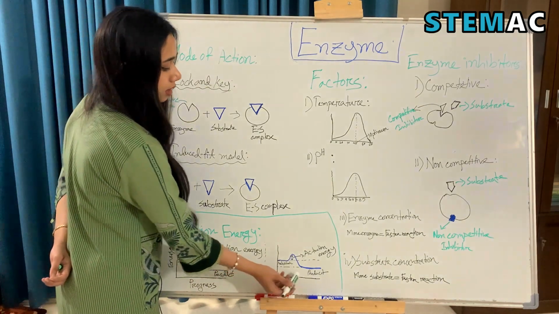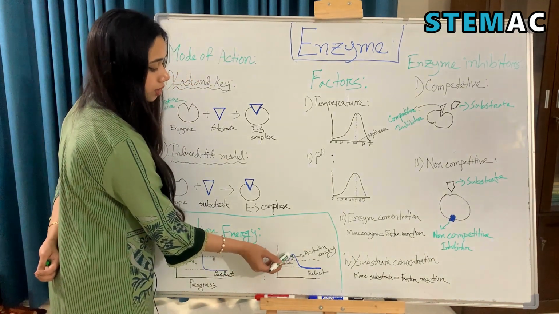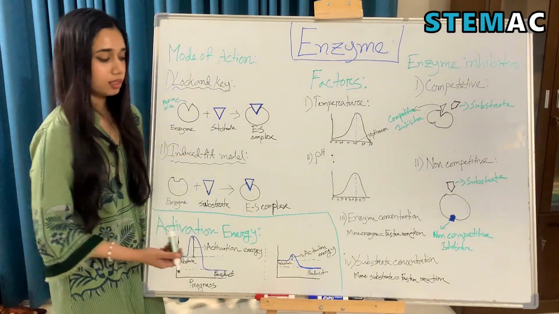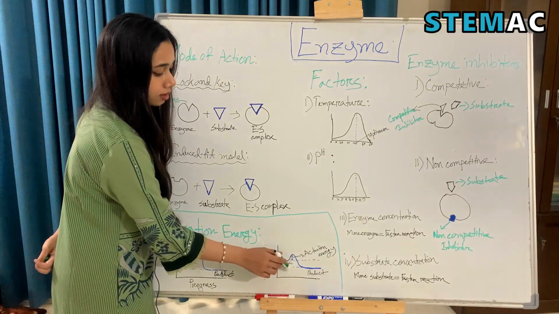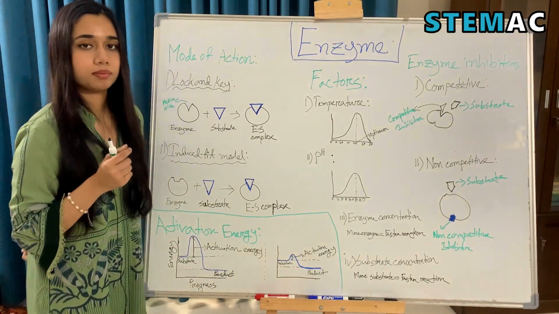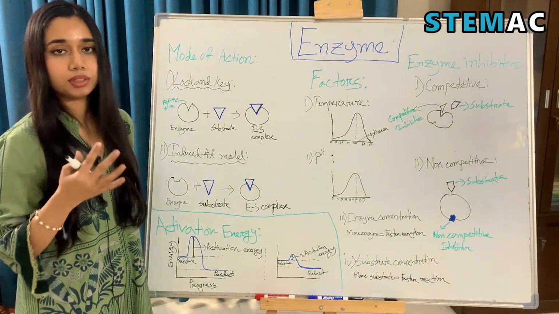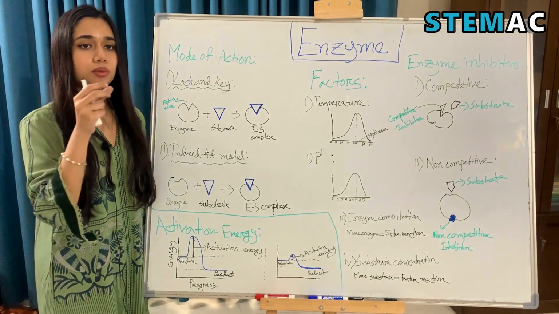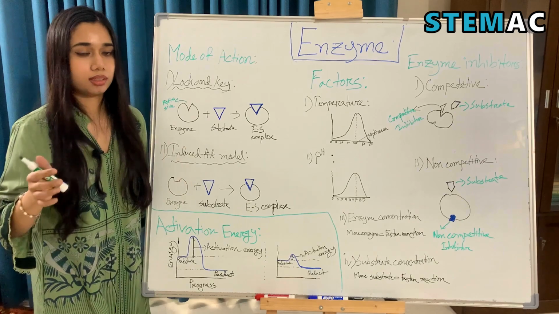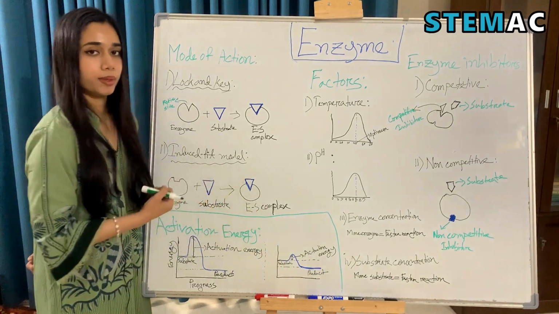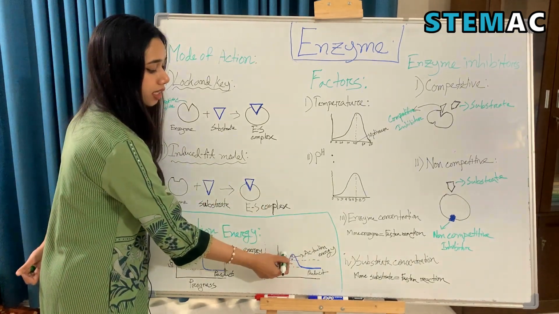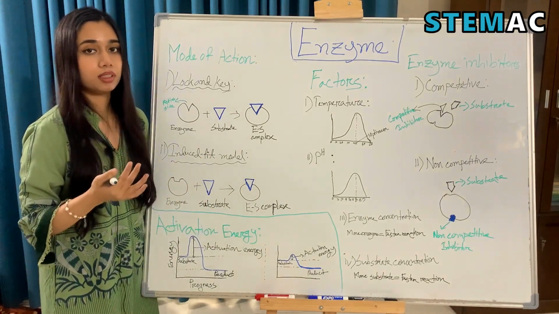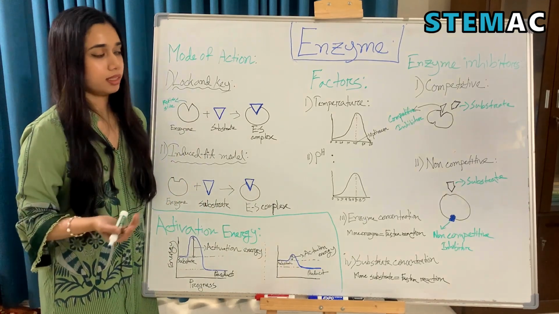However, in this second figure, we can see that the activation energy barrier is much lower than the first one, right? Because in this, the substrate is bound to an enzyme. And because of this enzyme substrate complex, it will be much easier to turn the substrate into products, and so less energy is required, and hence the activation energy barrier is much lower, and this will take less time for the reaction to be completed.